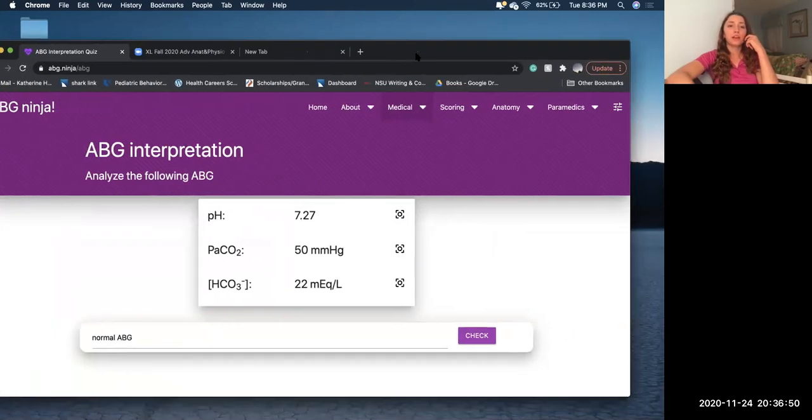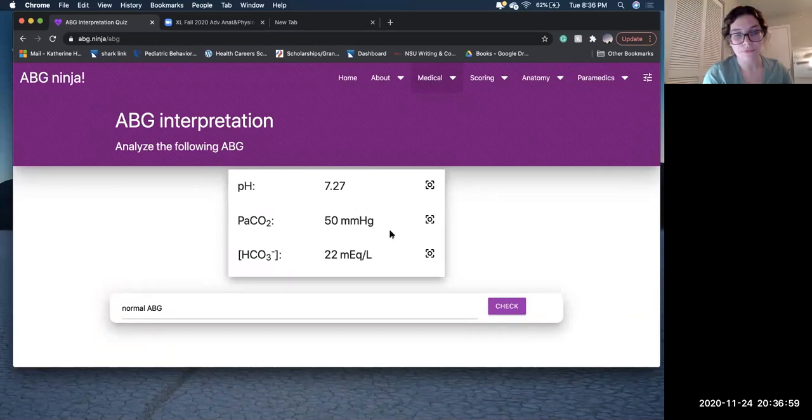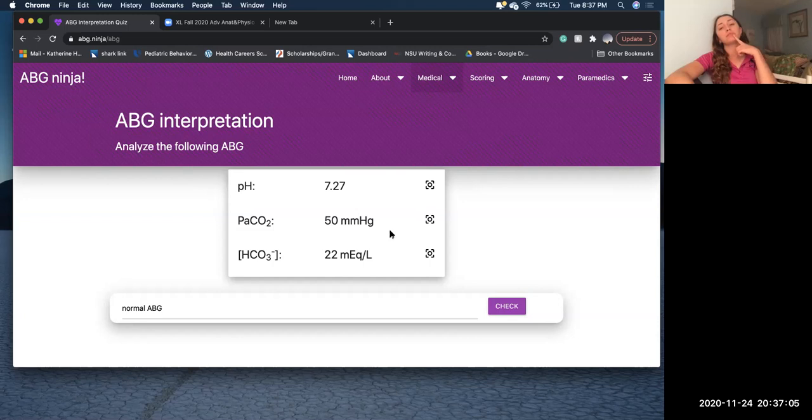Okay, so with a pH of 7.27, is that low or high? That's low. And the PCO2, the normal is 40. So is that low or high? High. So the bicarb is 22, and the normal is 24, so that's low. So right now we're dealing with acidosis.